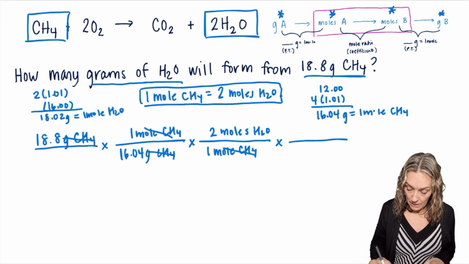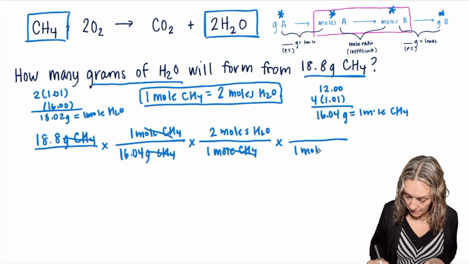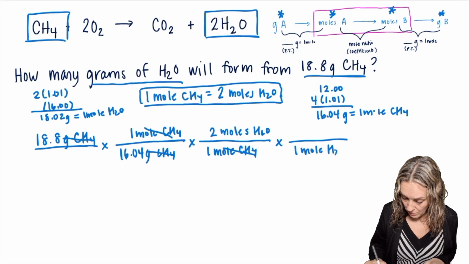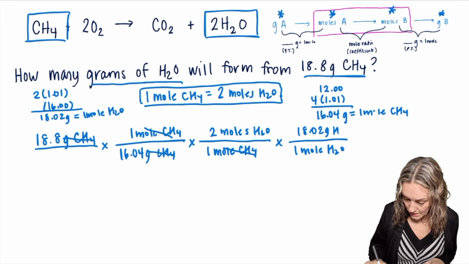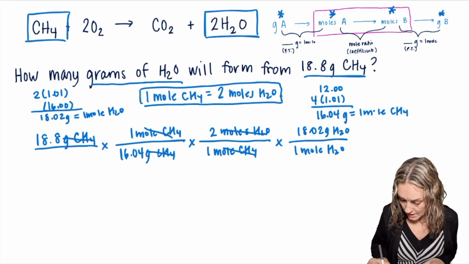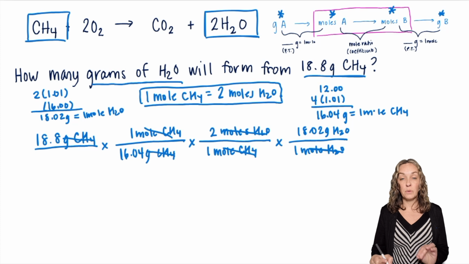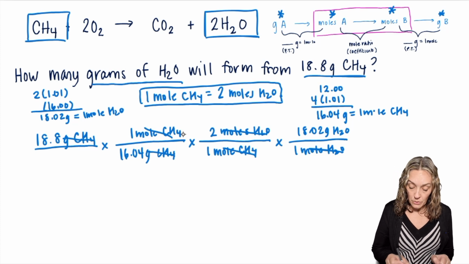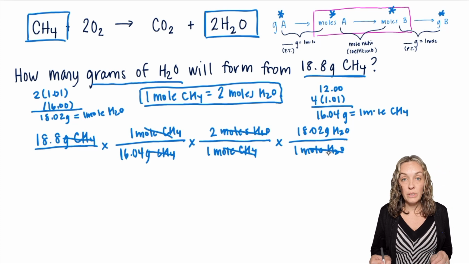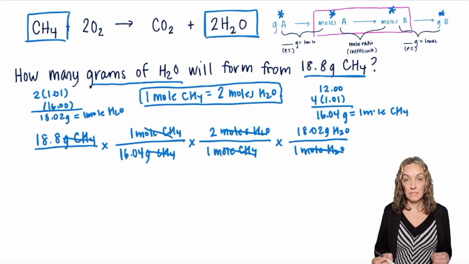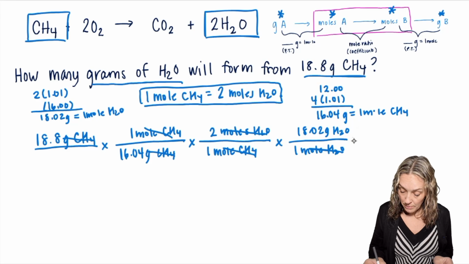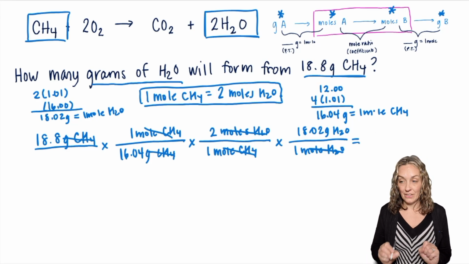Since these are equal amounts, one goes on the top, one goes on the bottom of my fraction, and 1 mole of water is going to produce 18.02 grams of water. The units of moles of H2O cancel out. And notice that in the problem, the only unit that hasn't canceled out is grams of water, and that's exactly what the problem asked me for. So I know I'm done, and I'm ready to pick up my calculator at this point.